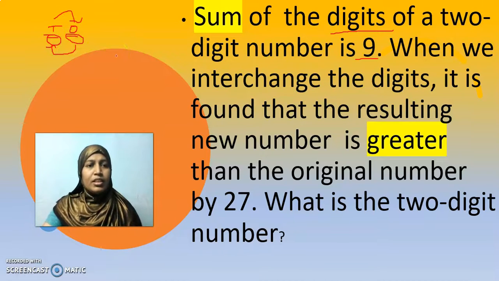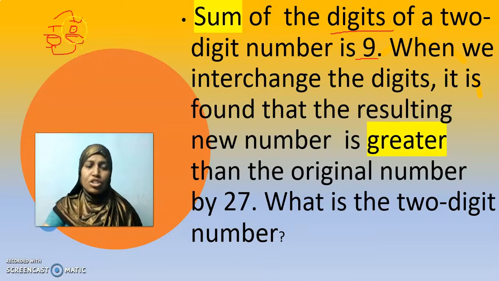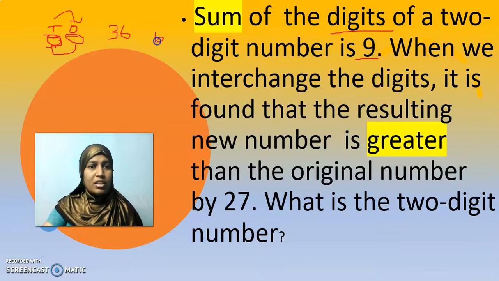That new number is greater than this original number. So, if 36 is a number, if I interchange their positions, I get 63. This is greater than the original number.